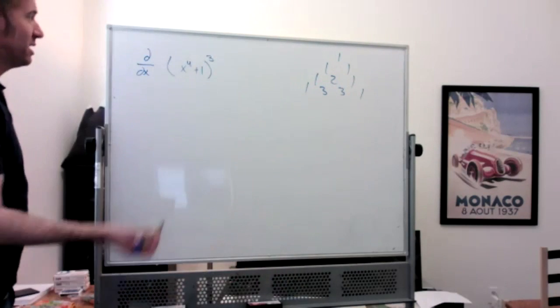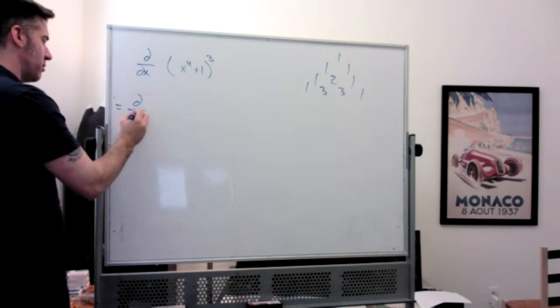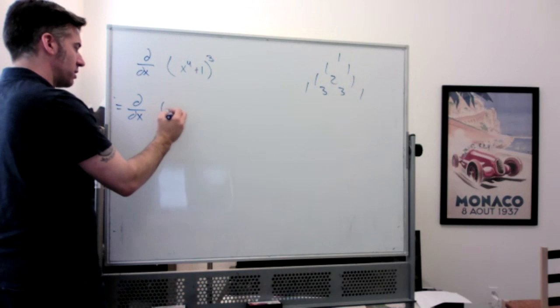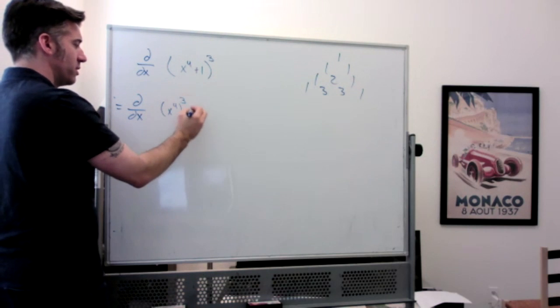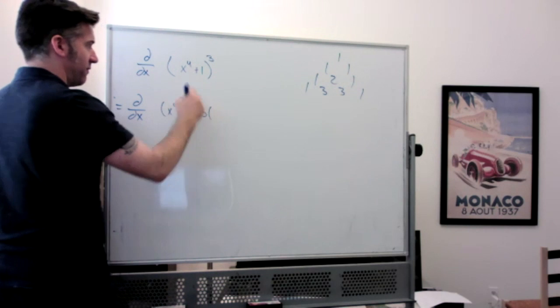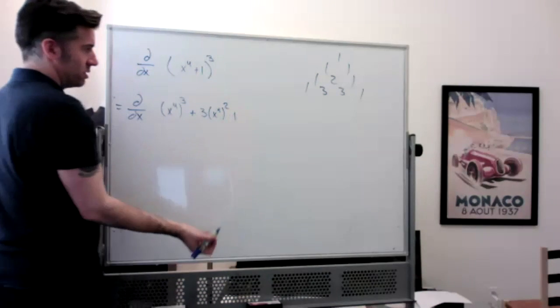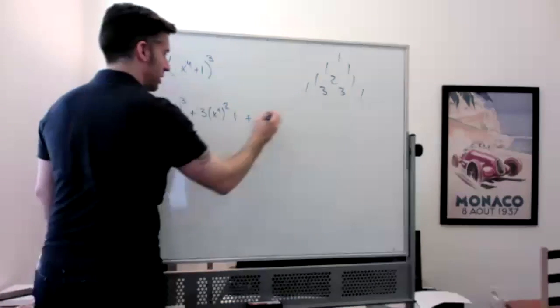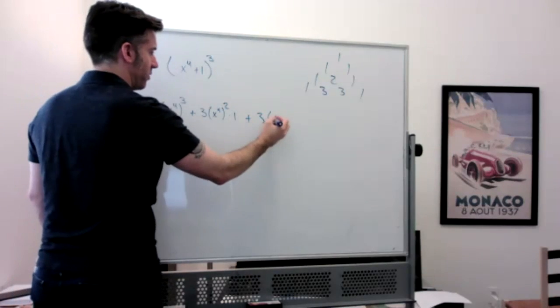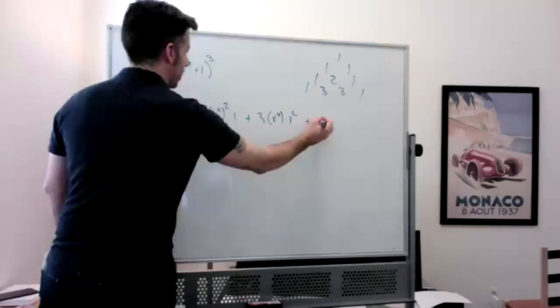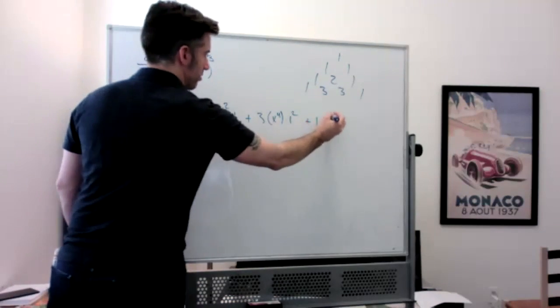When you multiply out something cubed, it's going to be the first thing cubed, so x to the fourth cubed, plus 3 times the first thing squared times the second thing to the first, plus 3 times the first thing to the first times the second thing squared, plus 1 times the second thing cubed.